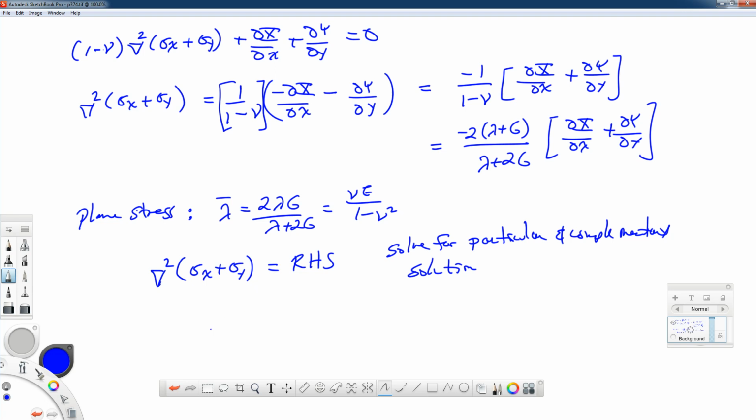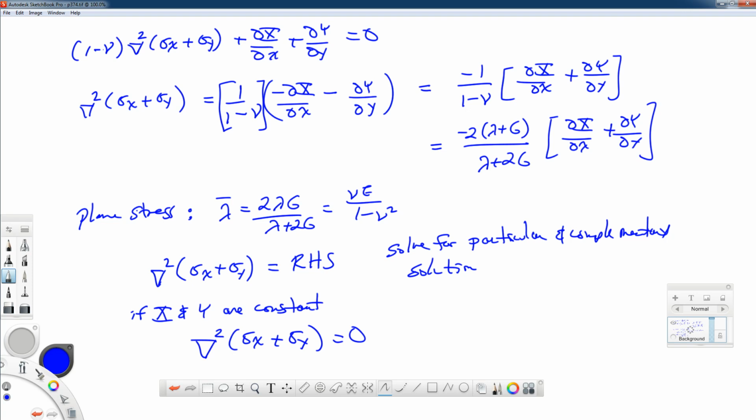But if body forces are constant, then this looks like del squared of sigma x plus sigma y is equal to 0.